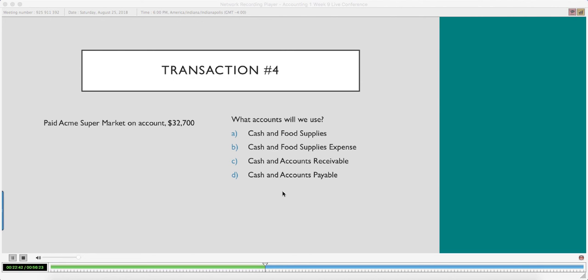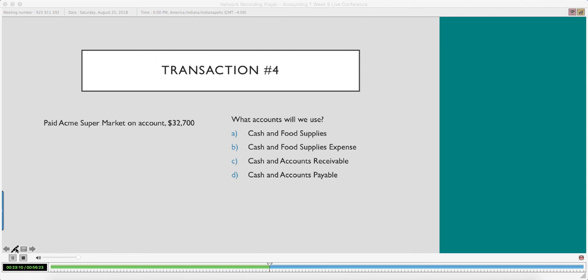How are we going to show that we are paying what we owe the supermarket? We've had similar transactions like this throughout the quarter. And we have a split between B, C, and D.